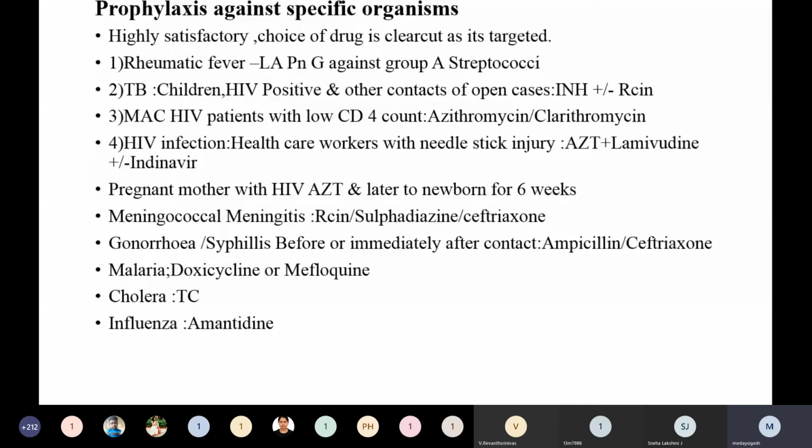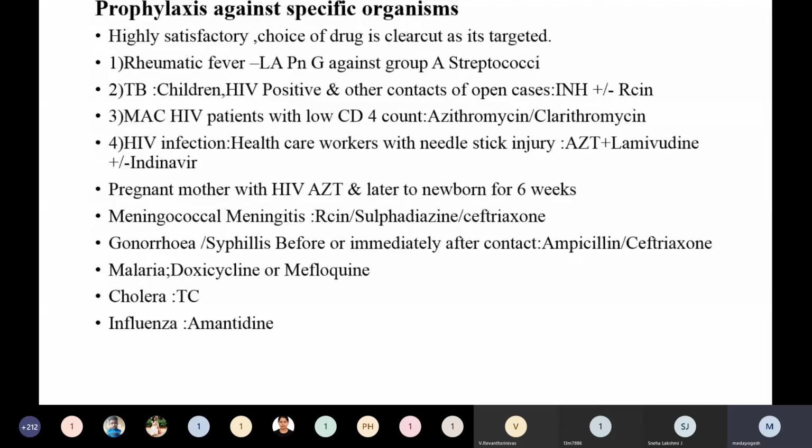A case of rheumatic fever: we give long-acting Penicillin G every 3 weeks against group A streptococcal infections, as these patients, if they develop abnormalities like mitral stenosis or mitral incompetence, are more prone to subacute bacterial endocarditis. To prevent that, lifelong they have to take long-acting Penicillin G every 3 weeks.